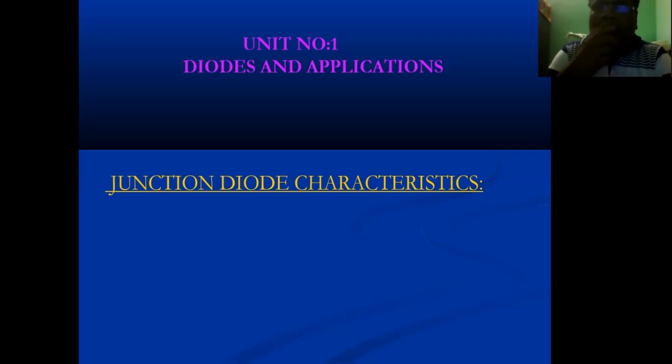Okay, today's class is unit number 1 according to the JNTU syllabus. Our subject consists of 5 units. Out of the 5 units, the first unit is diodes and applications.